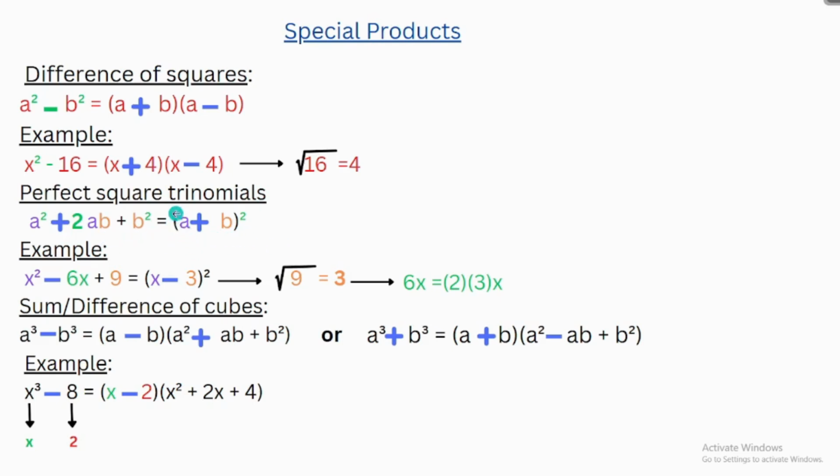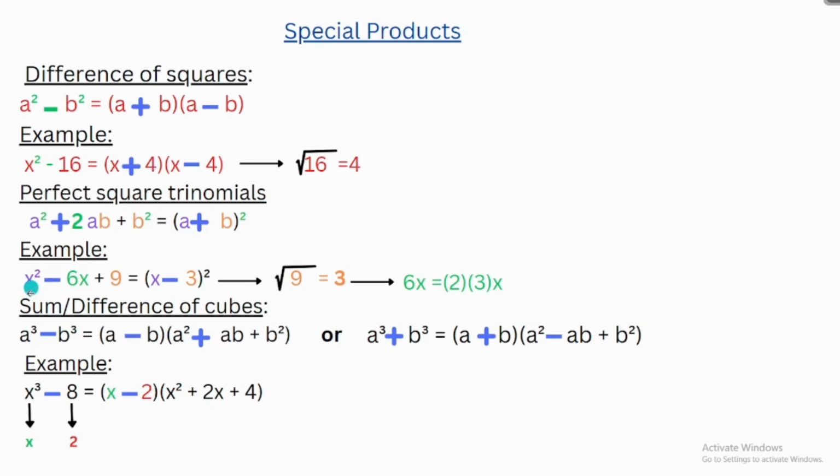If I have this parenthesis squared and break it down, it will be a squared. We have this sign here from the second term. We have twice the first times the second, twice a times b, and plus b squared. The first has to be positive, the third has to be positive. The second term takes the sign of the brackets.